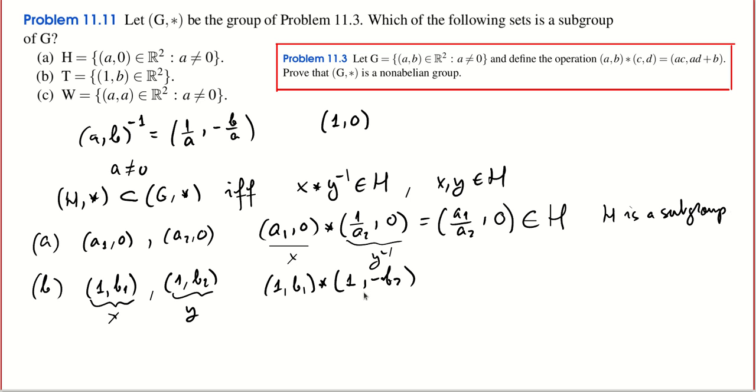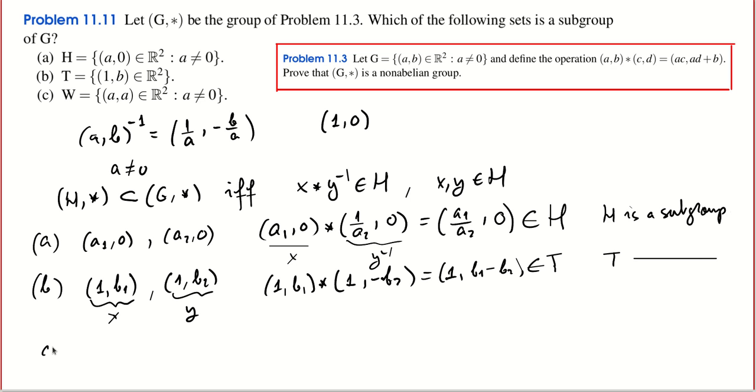So we have to multiply these two elements. So what we have is this by this is just 1, right? And this by this plus this is b1 minus b2. And that, of course, belongs to T because it's of the form 1 and a real number, just like you have here, okay? So T is also a subgroup, right?